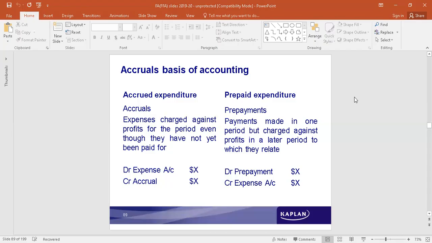When the amount is paid, the journal entry would be the total amount of expenses versus cash. But all expenses are not related to the current period. So that portion of expenses which relates to the next period is deducted. So that is credited, and prepaid is an asset. It is debited. Prepaid expenses debited to expenses account. That is an adjustment to the expense.